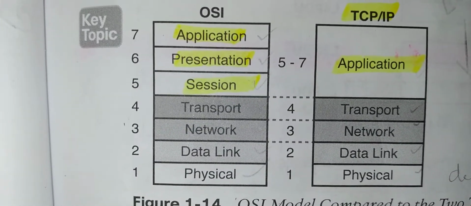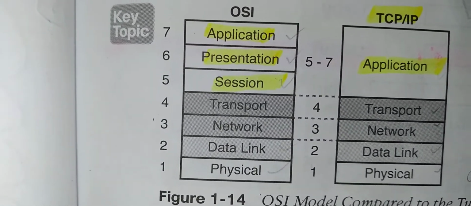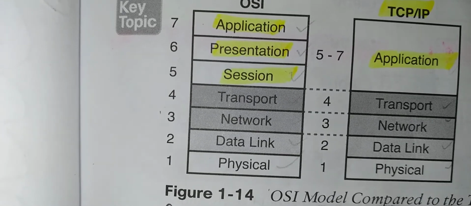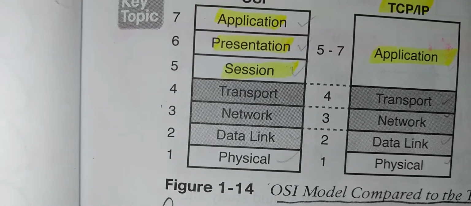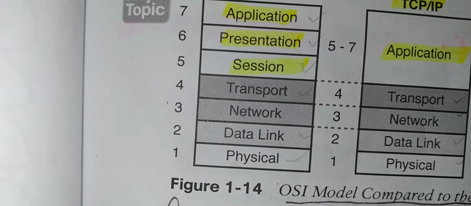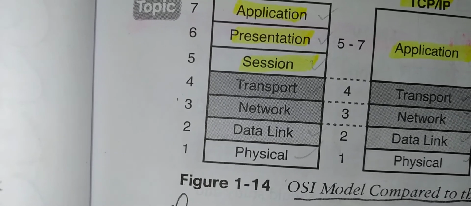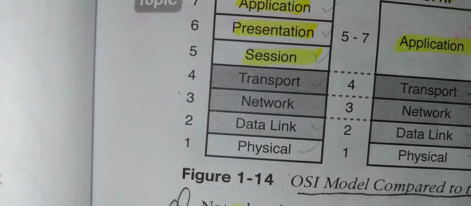And it's a 48-bit address that makes this card very unique from every other card and every other device. And that's defined at the data link layer.